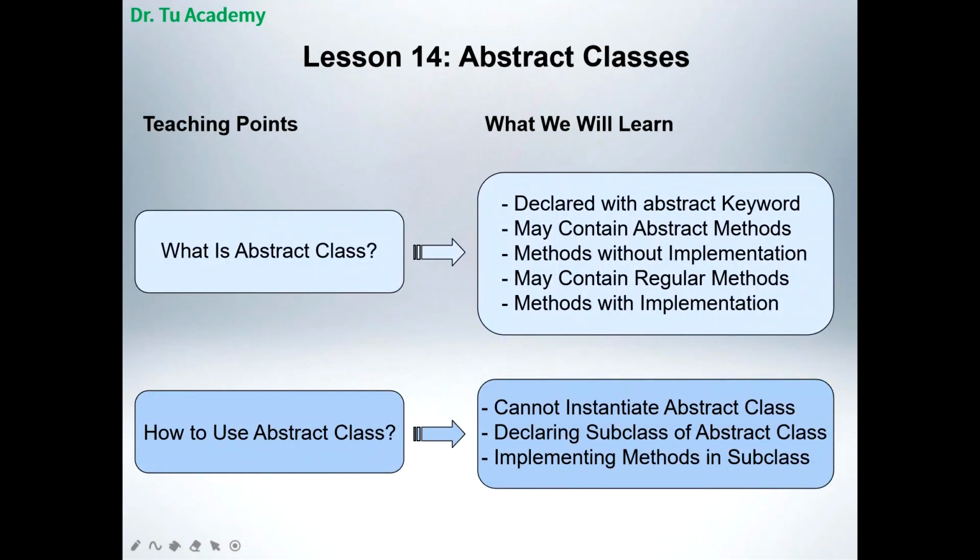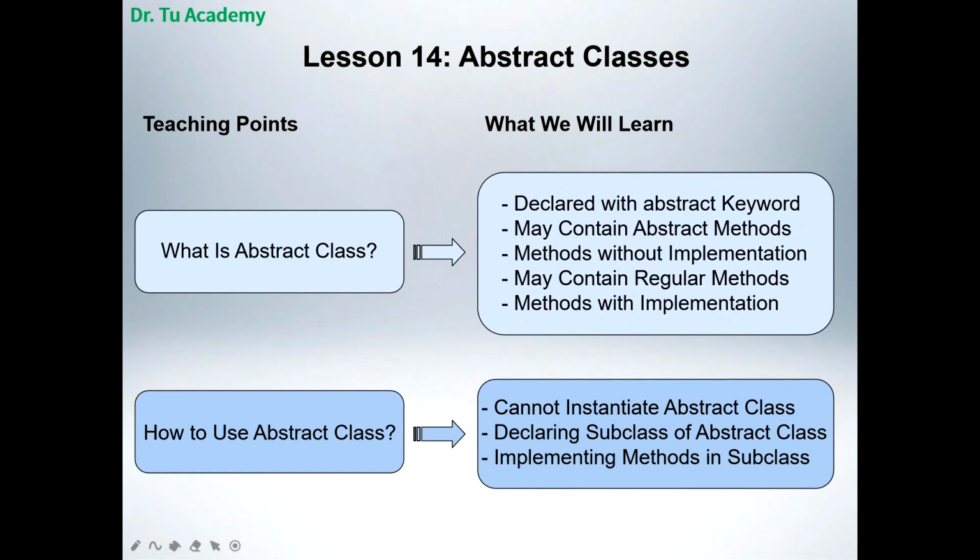There are four most important concepts regarding object-oriented programming: inheritance, polymorphism, encapsulation, and abstraction. We learned inheritance in lesson 11, polymorphism in lesson 12, encapsulation in lesson 13.